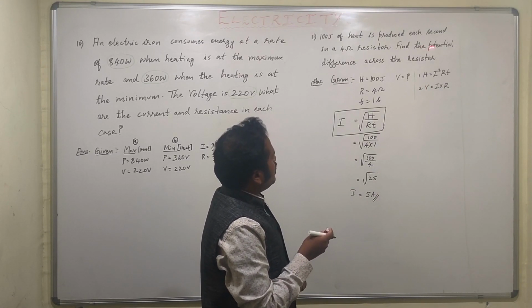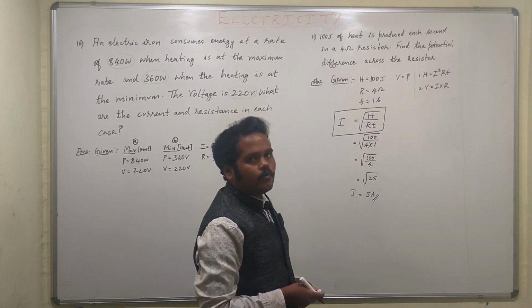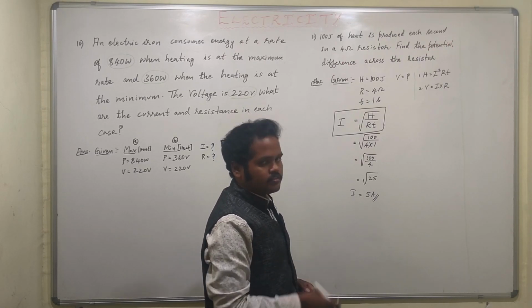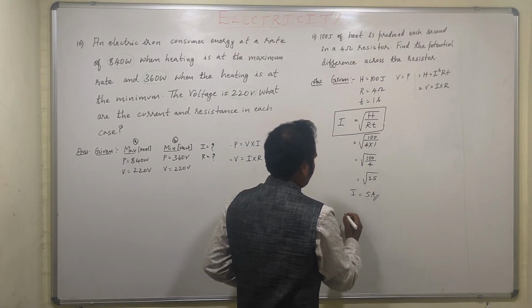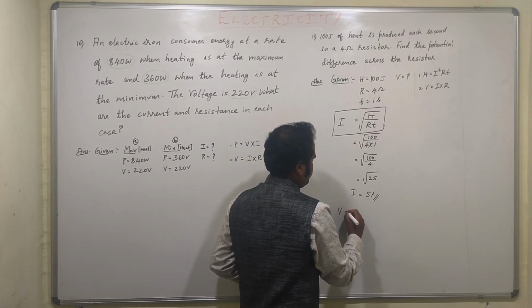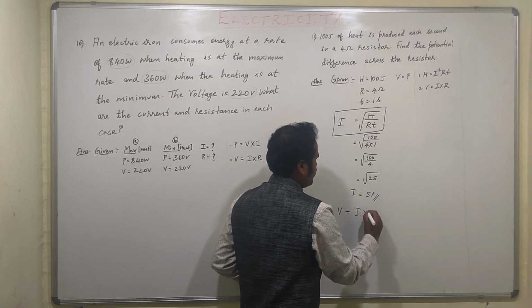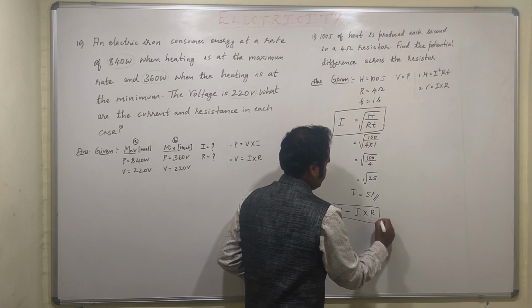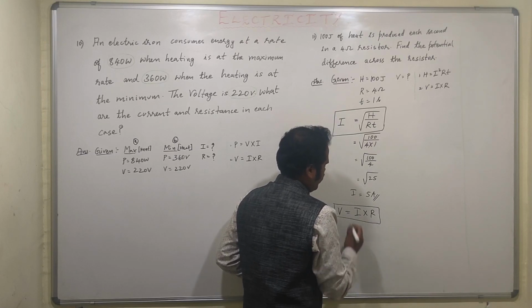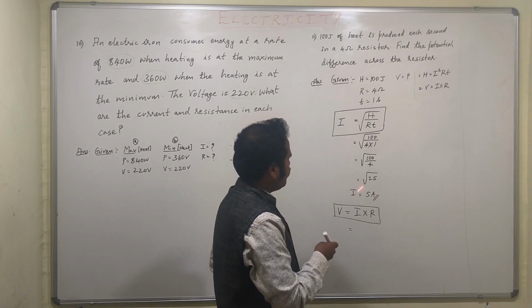But what are we asked to find out? We are asked to find out potential difference. So what is the formula for finding out potential difference? The formula is V is equal to I into R. What is the value of I? 5 ampere.